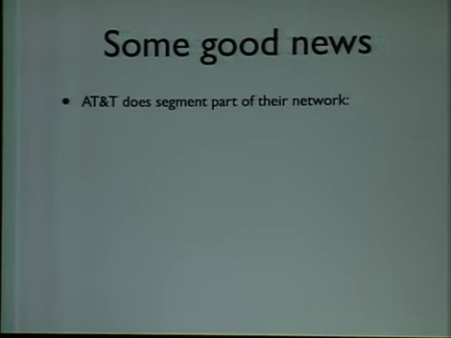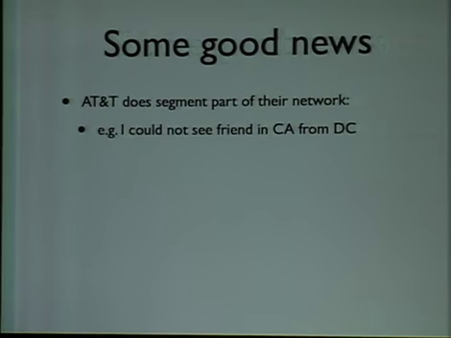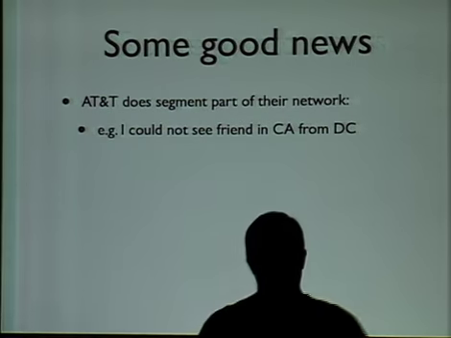So, some good news: AT&T does segment part of their network. For example, I called a buddy of mine in California and asked, hey, what's your AT&T IP? Anytime you call one of your friends, you ask what's your IP. They're like, why? And I said, just hang on to it and tell me if your phone gets really hot. But I couldn't see them.